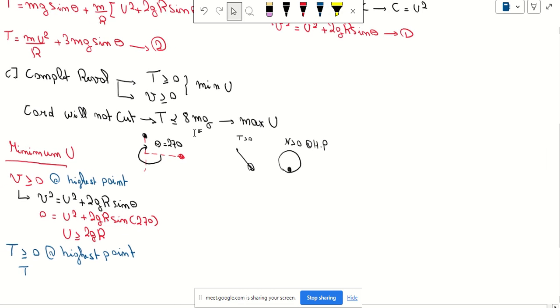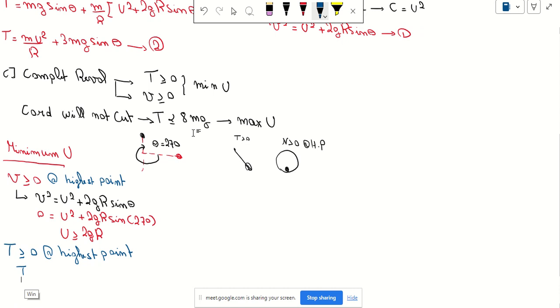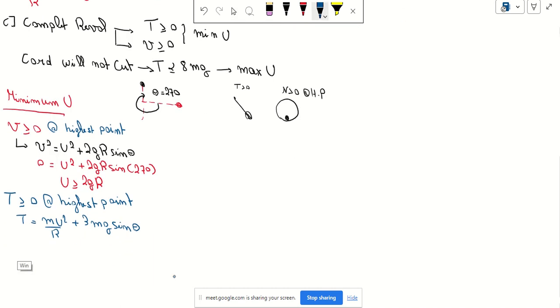I need to zoom out, is equal to u squared over r plus 3mg sine theta. So substitute 0 is equal to m u squared over r, because I'm looking for the minimum T, plus 3mg sine 270, and you will find that the u must be greater than or equal.